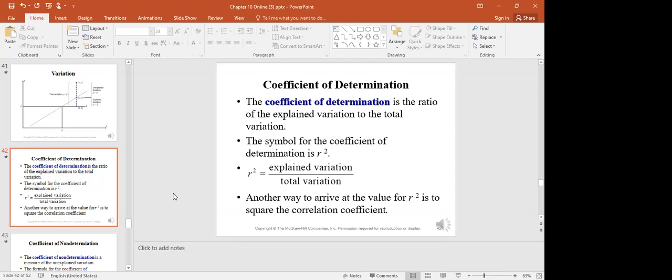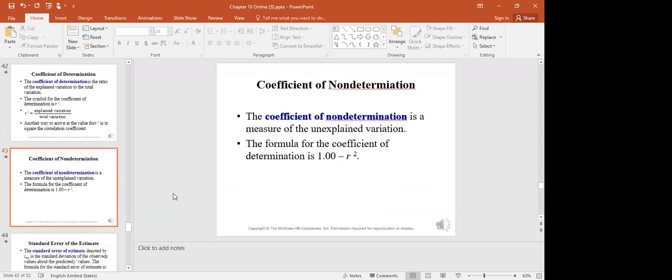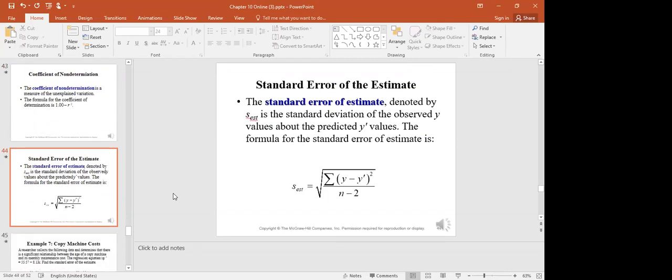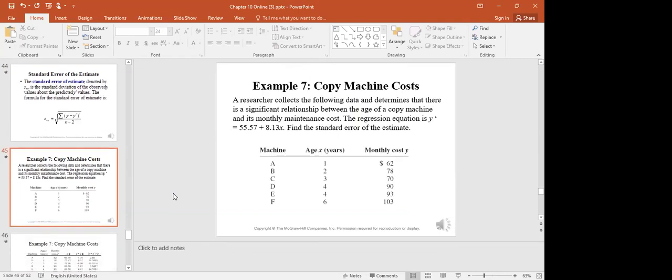It is actually the fraction of the explained variation with respect to the total variation. The coefficient of non-determination is 1 minus r squared. The standard error is the square root of the unexplained variation divided by the degrees of freedom, n minus 2. You can also get the standard error from Excel.